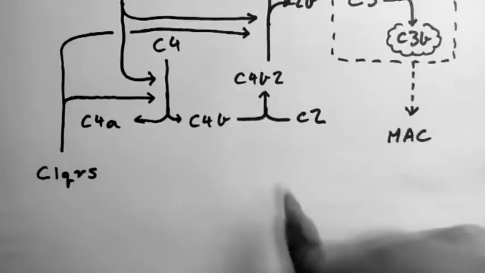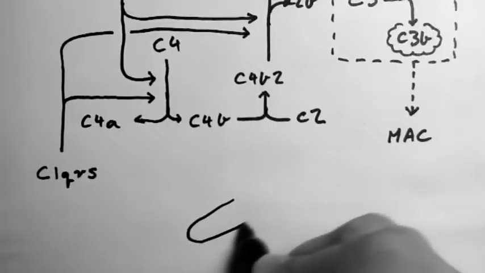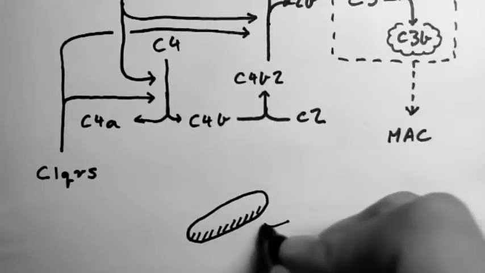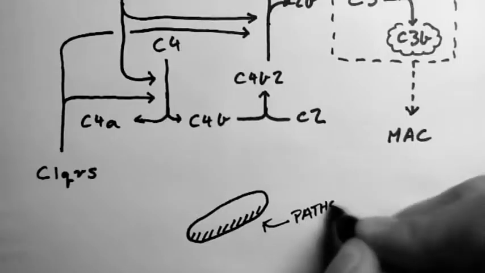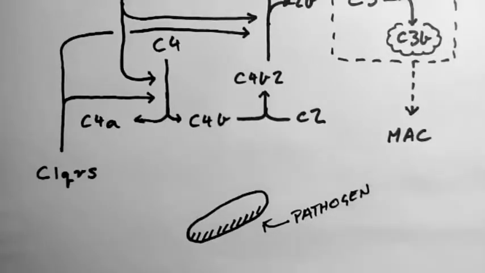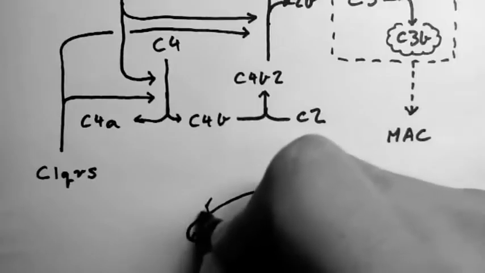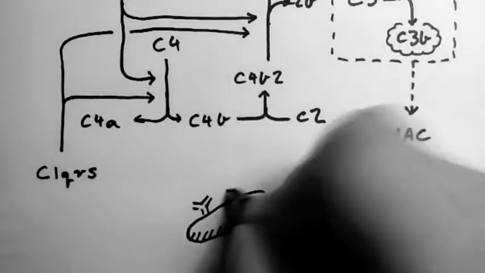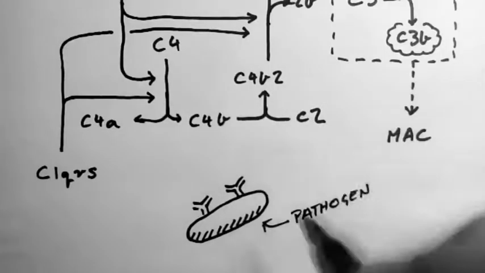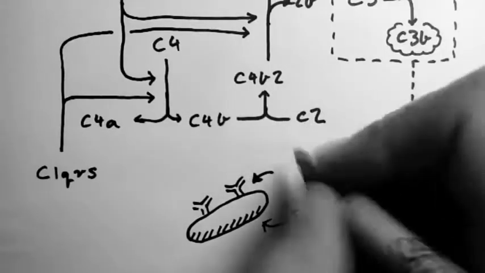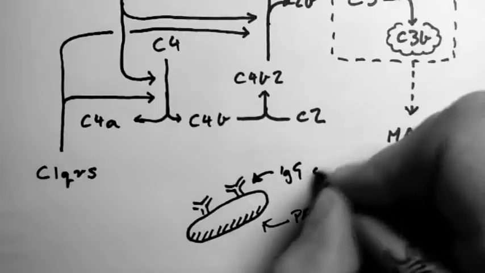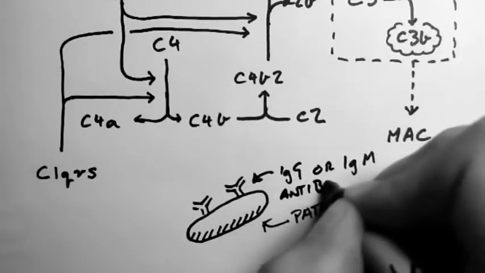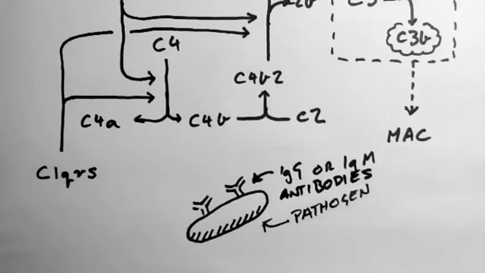Now, the classical pathway occurs through the formation of this complex called the C1qrs complex, and it's formed on the surface of a pathogen. What happens is that IgM or IgG antibodies, which I've drawn in here, are produced by B cells and then bind to a specific pathogen.